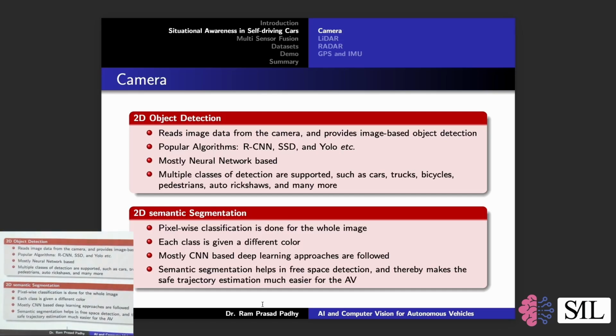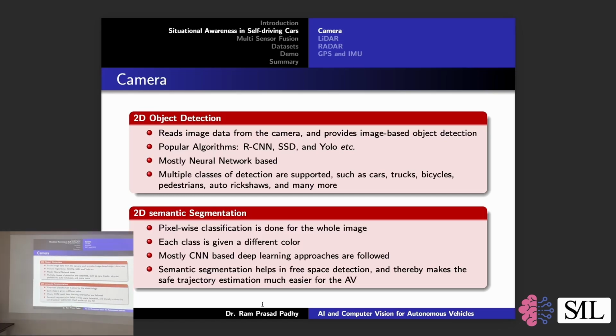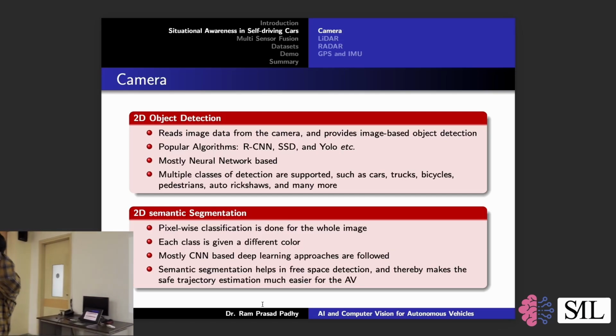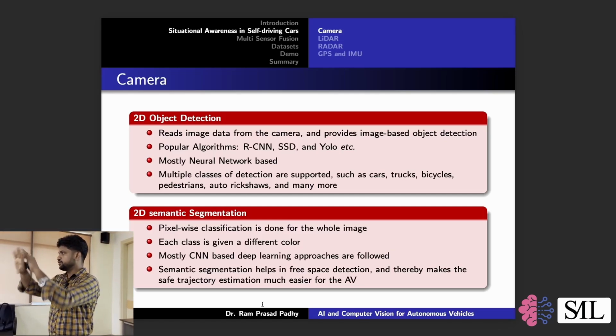Then 2D semantic segmentation. Again, I am writing 2D because we are still in the camera data only. Semantic segmentation is pixel-wise classification done on the whole image. Imagine the car is moving in a traffic environment and you get the front view.